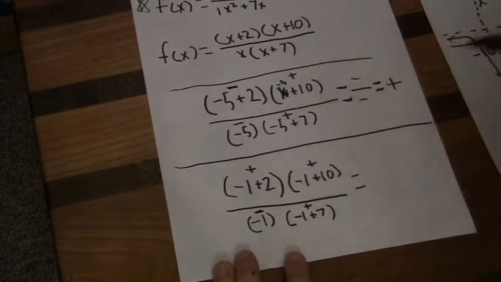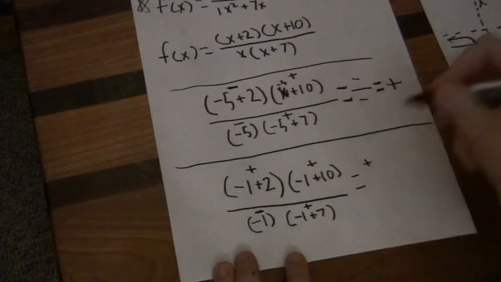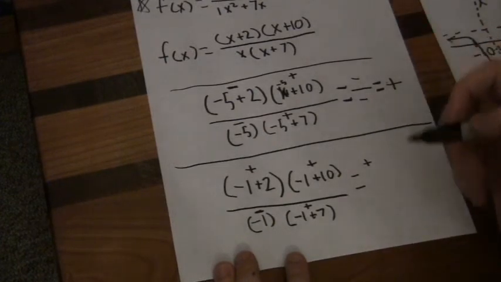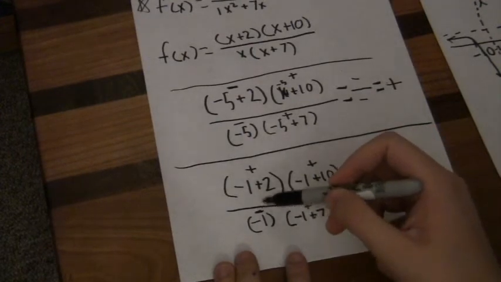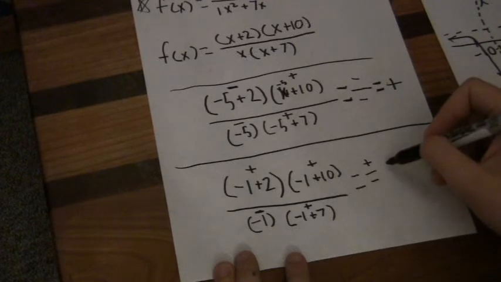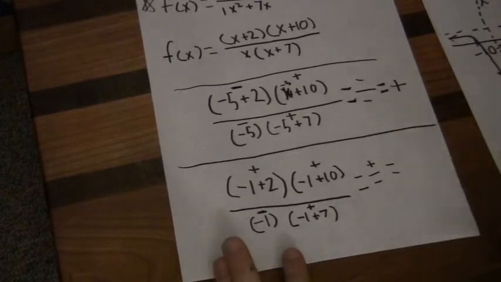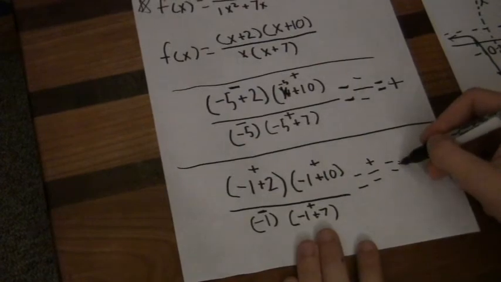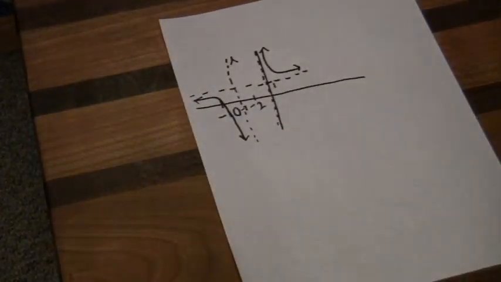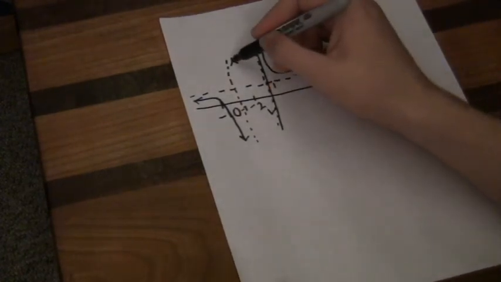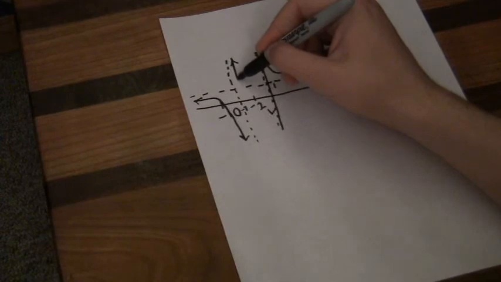Now here, a positive times a positive gives us a positive. And then this negative times a positive gives us a negative. Now, a positive divided by a negative gives us a negative. Which means, over here for the graph, since it's negative, it's going to be down here. So the graph looks a little something like this.